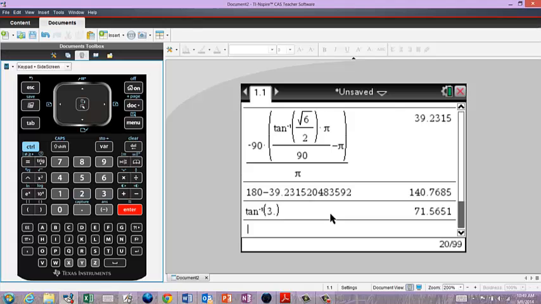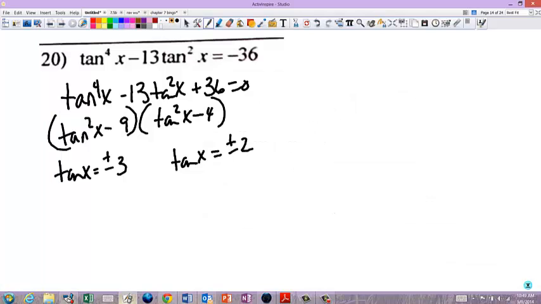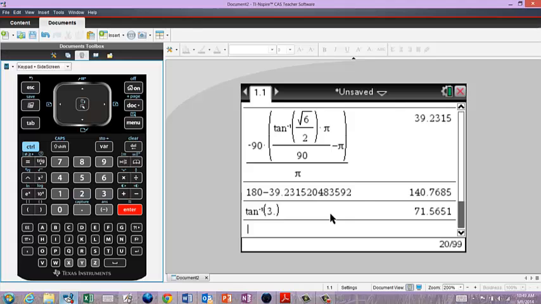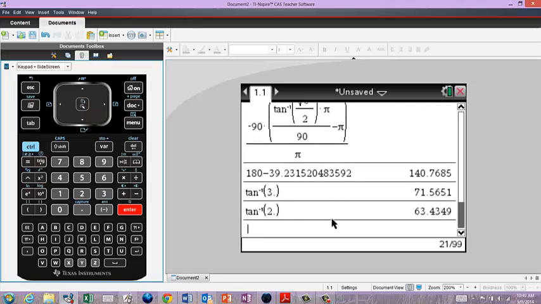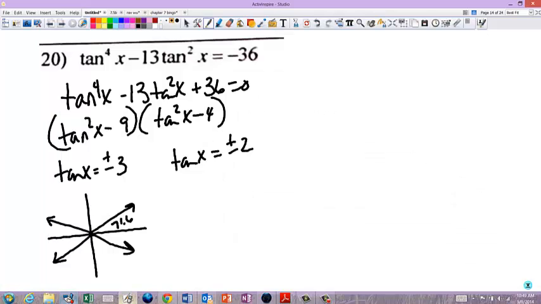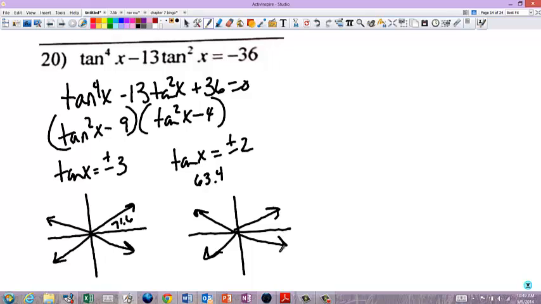71.5, or 71.6 rather. So that's going to be, and it's plus or minus, so it's all of them, the 71.6 degree angles. And then where is second tan of 2? 63.4. So I'm going to want all 4 63.4 degree angles. Here, here, here, and here.